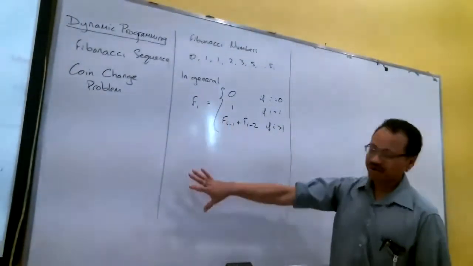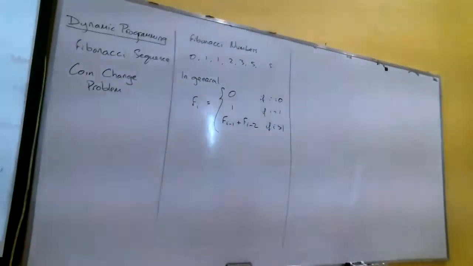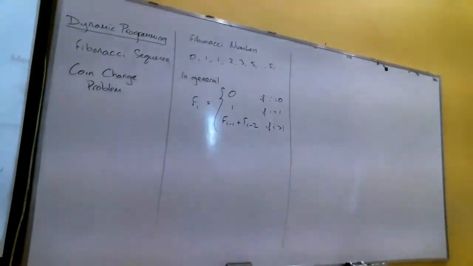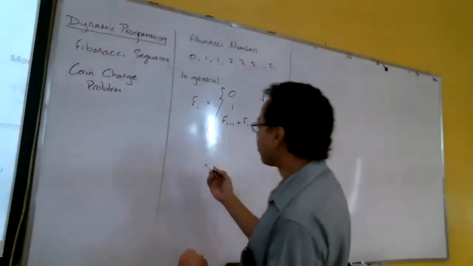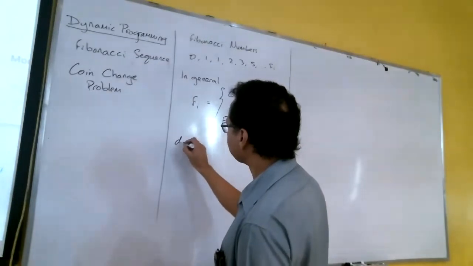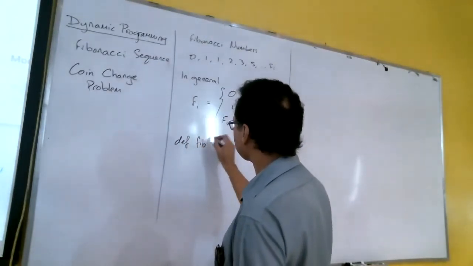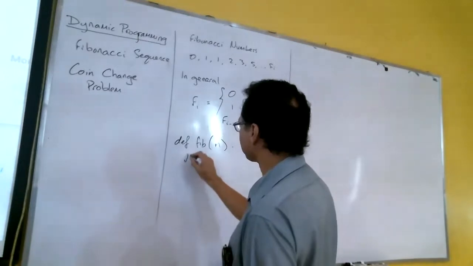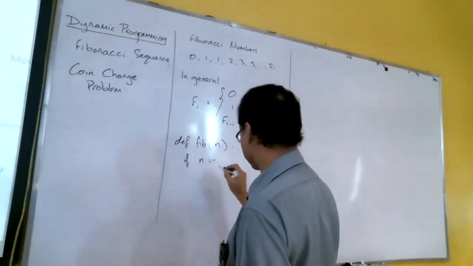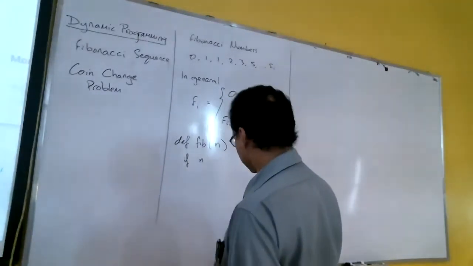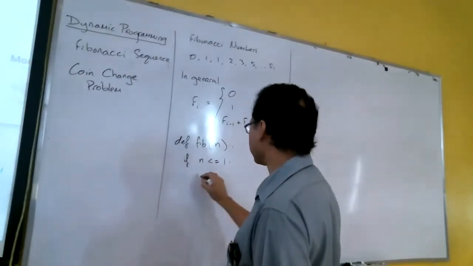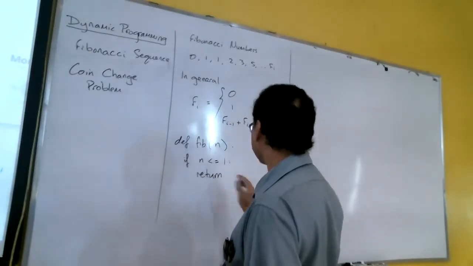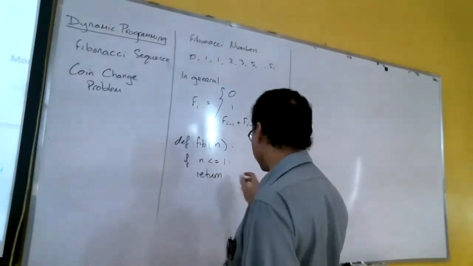Okay, so if I had to write a function to give me the ith term of a Fibonacci sequence, or let me say the nth term of a Fibonacci sequence, the natural way you might define this, I'll just make this into two cases by saying if it's less than or equal to 1.